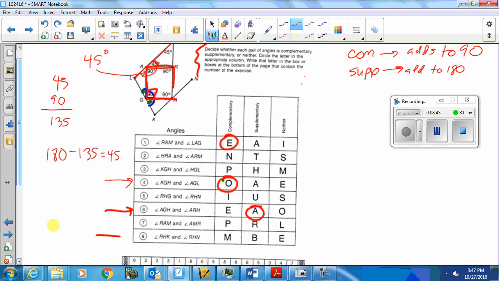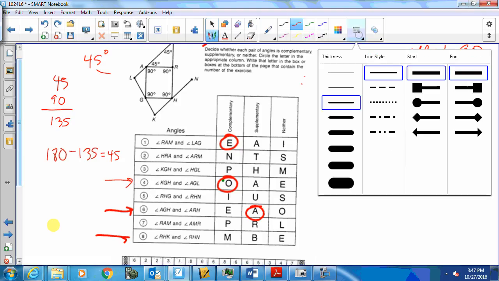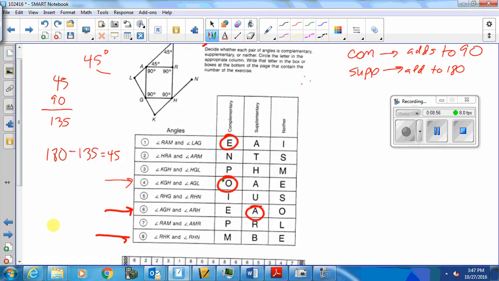And just for good measure, let's do number 8. Let me erase some of this stuff now. Okay, so RHK. Where's RHK? That's going to be this one, the entire angle.